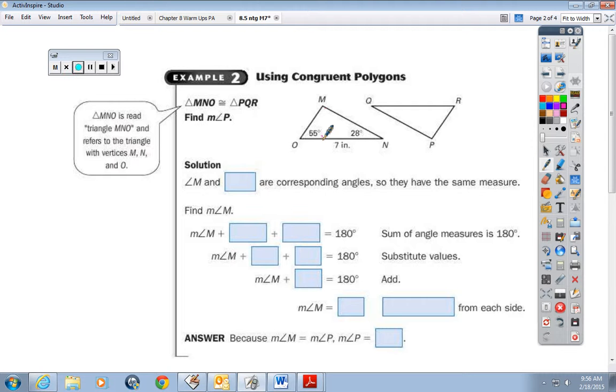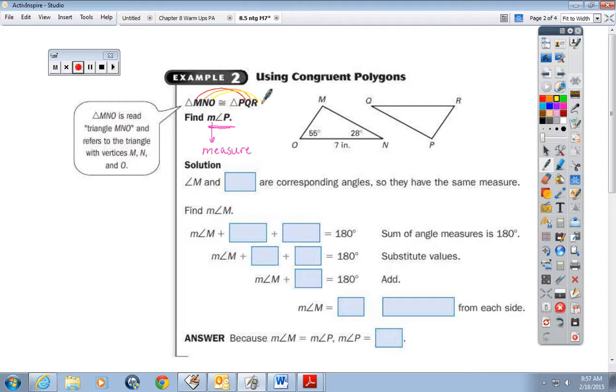Now they ask us, this right here means find the measure, M means measure, find the measure of angle P. And you're going, wait a second, where's angle P? Well, angle P is over here. Again, look at the picture to see that, but from here, I would draw my little rainbow so that I know that angle M matches with angle P, angle N matches with Q, and angle O matches with R.